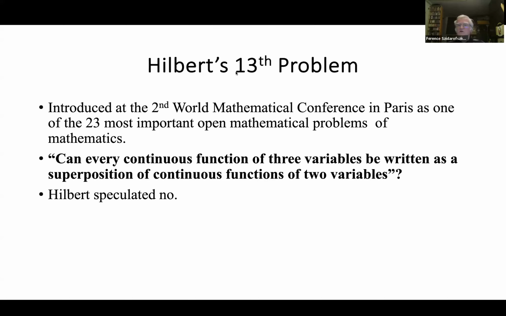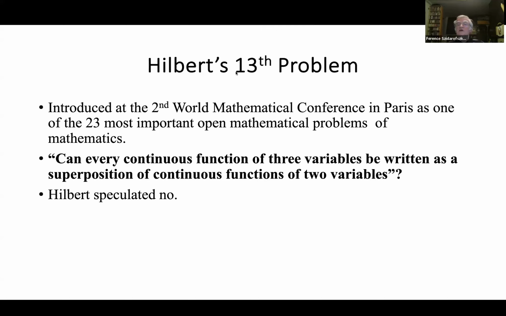One was his conjecture: if you have a continuous function of three variables, can it be rewritten as a superposition of continuous functions of only two variables? This seems, from one side, an interesting mathematical question, but from the other side, it might have some practical interest also, because dealing with a three variable function is not very easy.